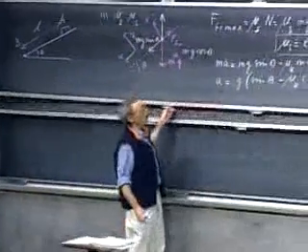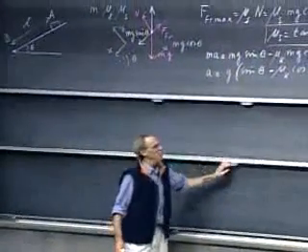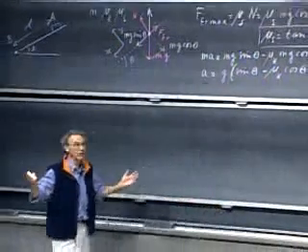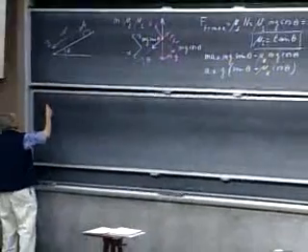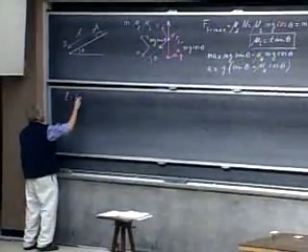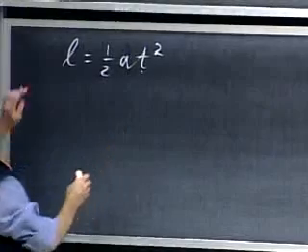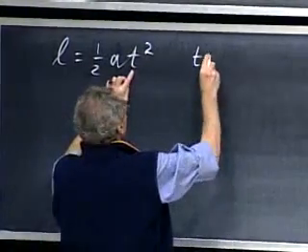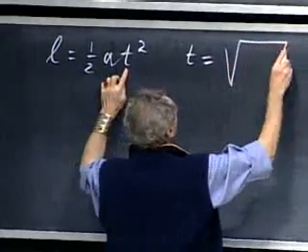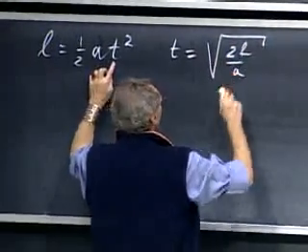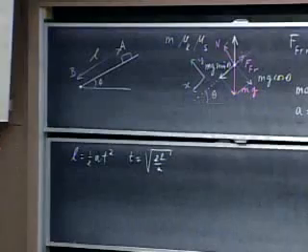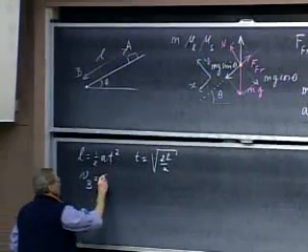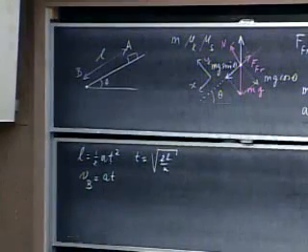Well, what we would have done early on in the course, we would have said, if I know the acceleration, and I know the distance, and I know the initial speed is 0, then clearly that distance L must be 1/2 a t squared, t being the time that it takes to go from A to B. And so t would be the square root of 2L divided by a. What speed would it have at B? Well, the speed at B would be a t, early on in 8.01.